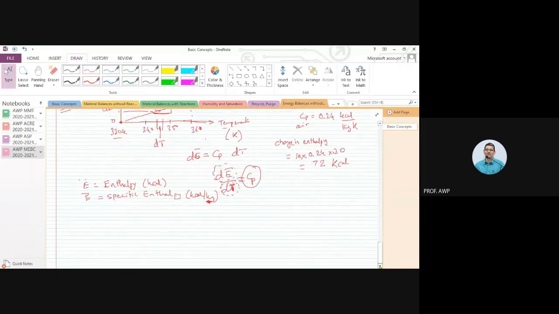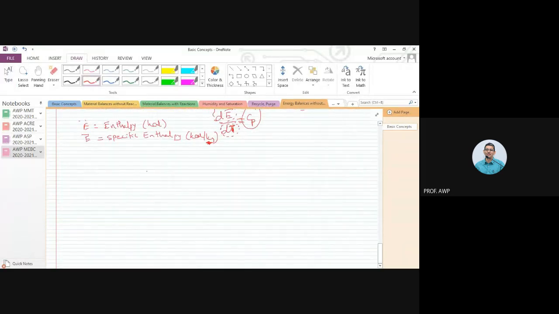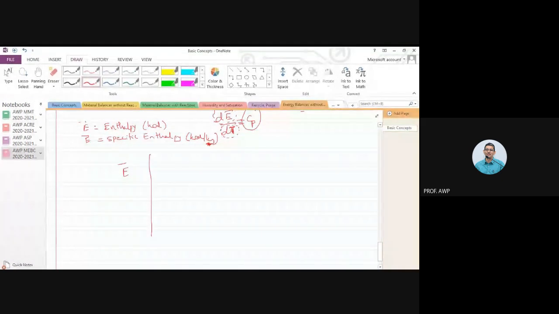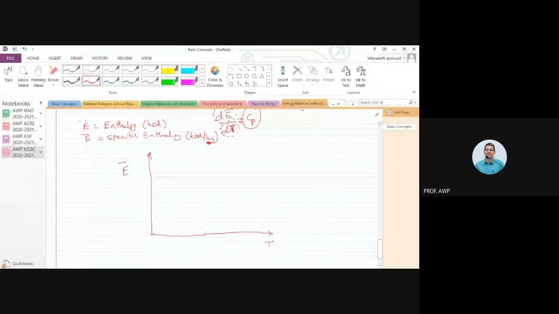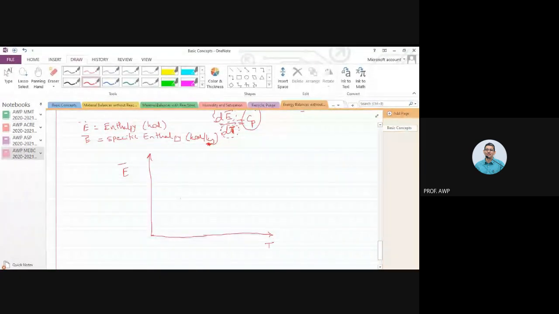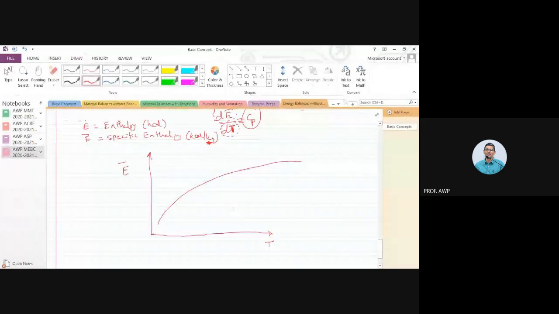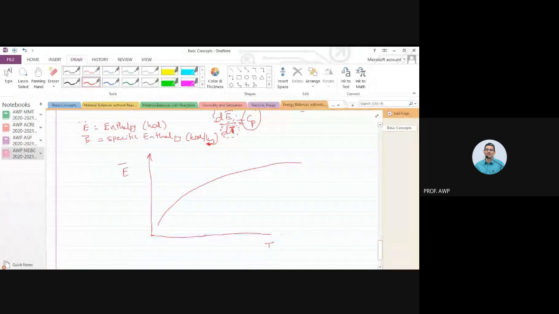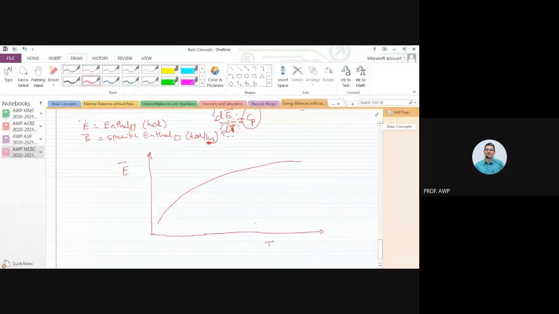Now suppose for some substance I say that specific enthalpy versus temperature is like this. What does it tell you about this substance?